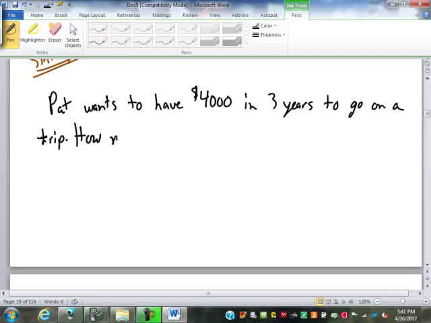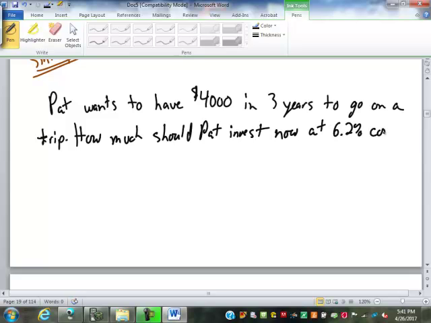How much should Pat invest now at 6.2% compounded monthly?